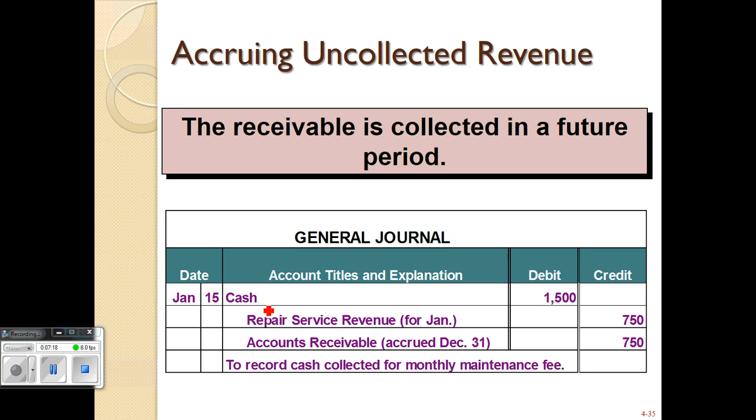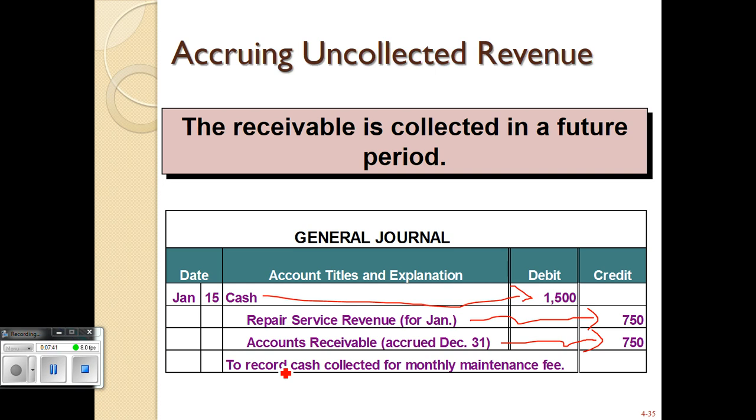Notice what happens. My cash goes up. How much does my cash go up by? The full amount, $1,500. And of that, repair service revenue for January is $750, the amount I earned during January. $750 is the amount that I already earned the month before, so that's my accounts receivable. And so that's going to be my credit as well.